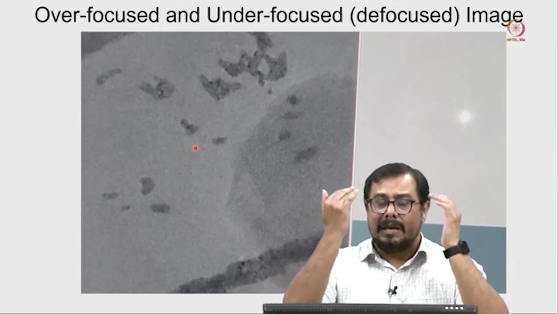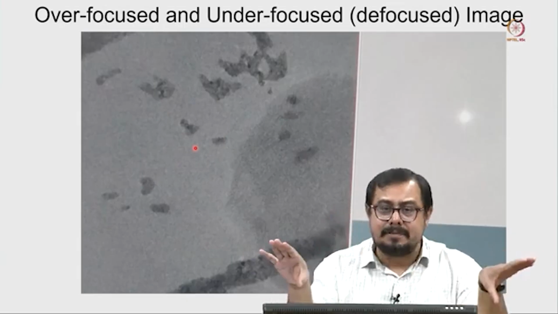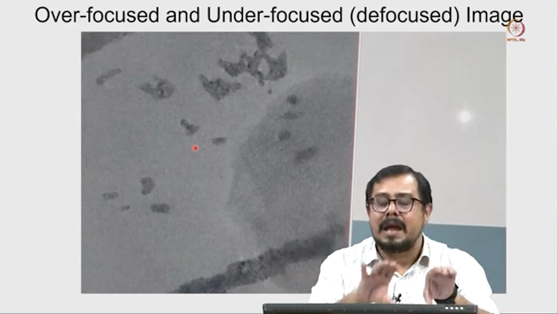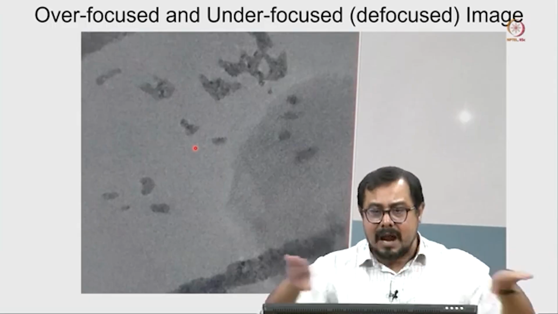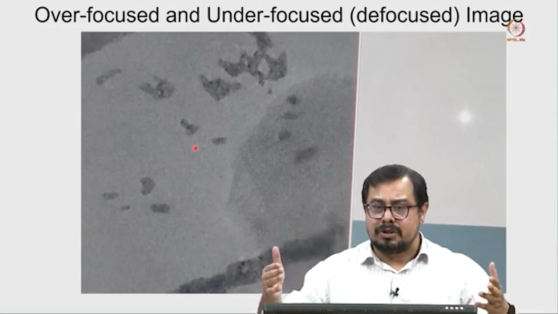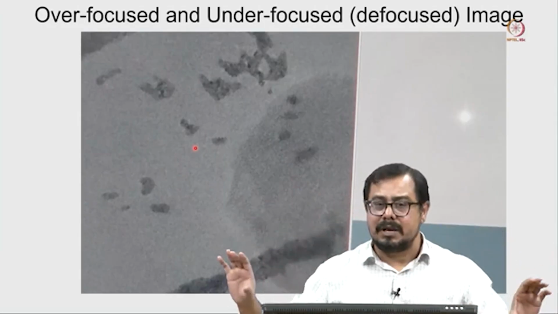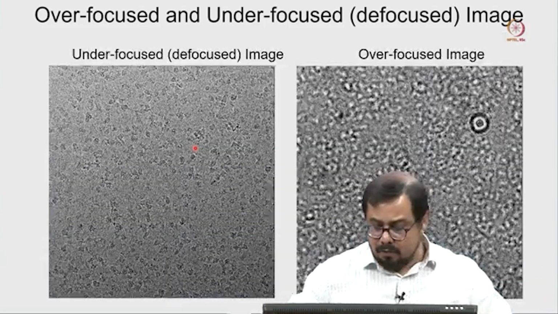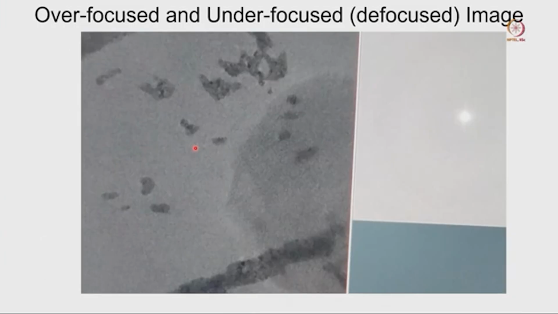That is the reason, if we are collecting underfocused images, we have to be consistent and collect most of the data in an underfocused condition. Generally we are not using overfocused images, mainly we use underfocused images. I will play this video one more time so you can see what I am talking about.